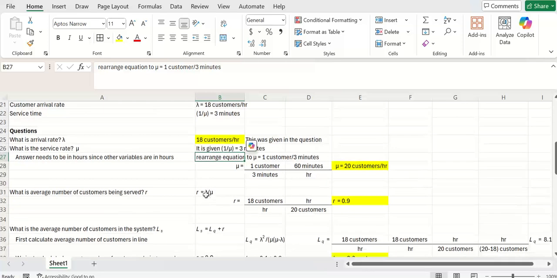We have already been given lambda, and we know mu. So 18 customers per hour divided by mu, which is 20 customers per hour, gives us an r of 0.9. So the average number of customers being served in this facility, where there's only one server, is 0.9.